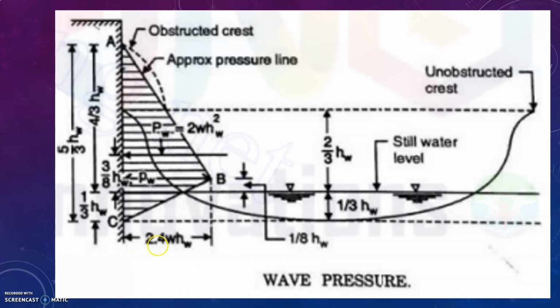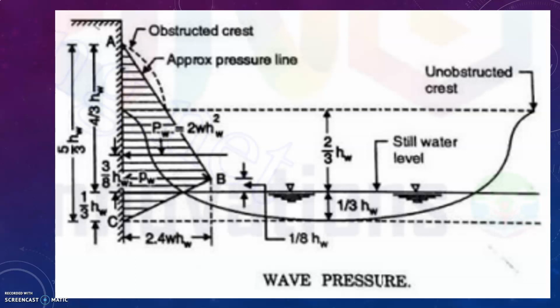The pressure intensity due to waves is given by 2.4 w Hw, where Pw is the maximum unit pressure which occurs at 1/8 times Hw above the still water surface. The pressure distribution is curvilinear.